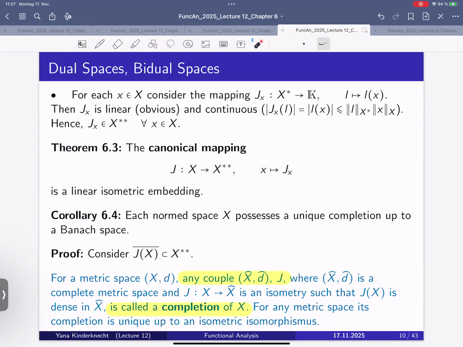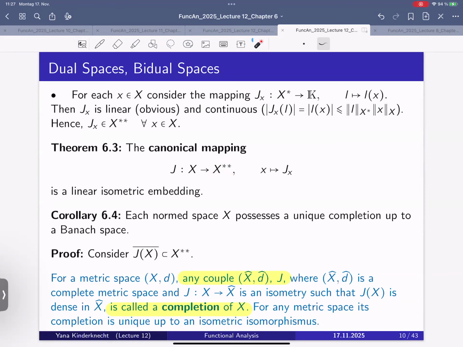So now we have a normed space X, and what is this couple? So J is like here. J maps X into X double stars, and we know that this is a Banach space.